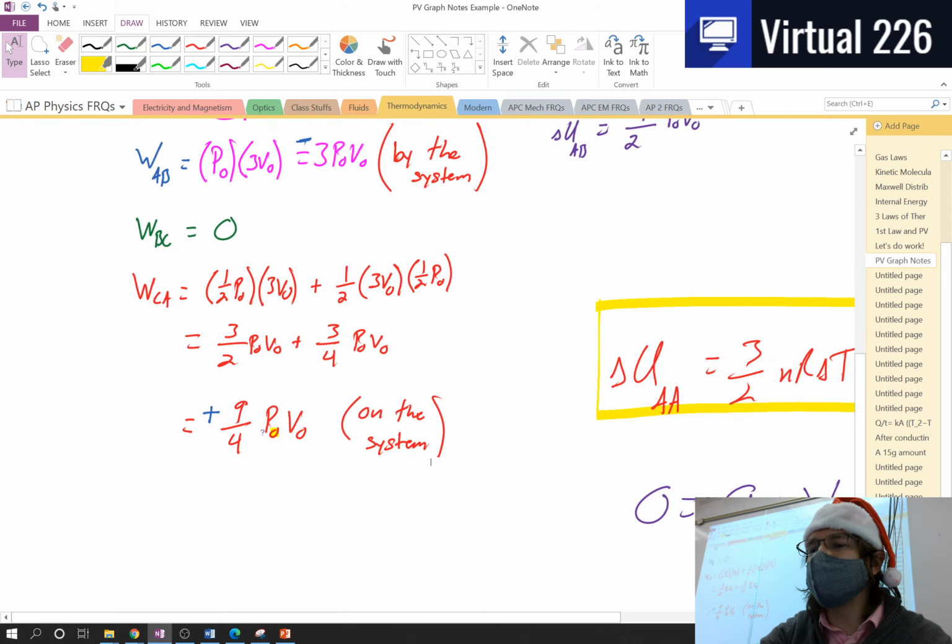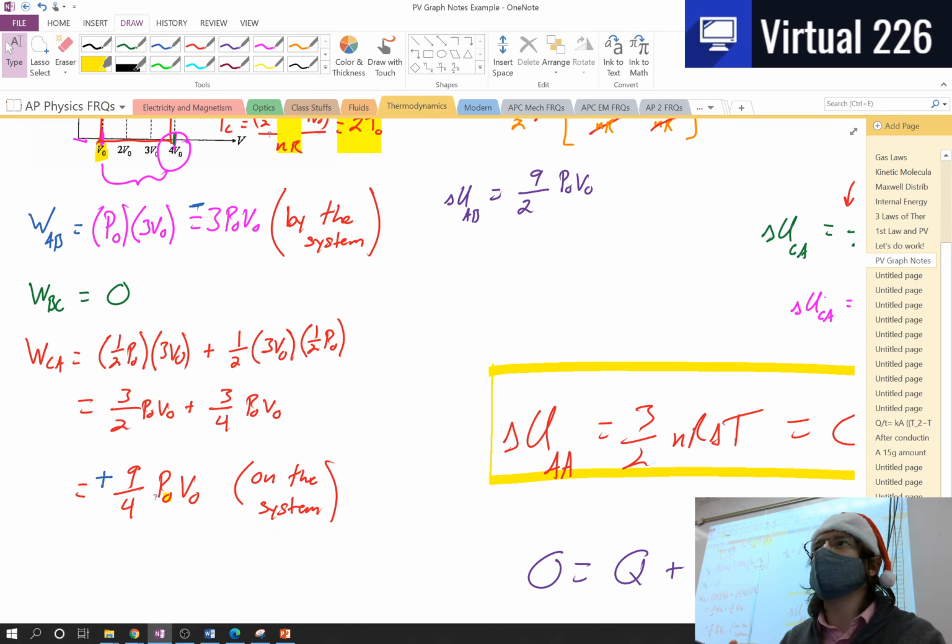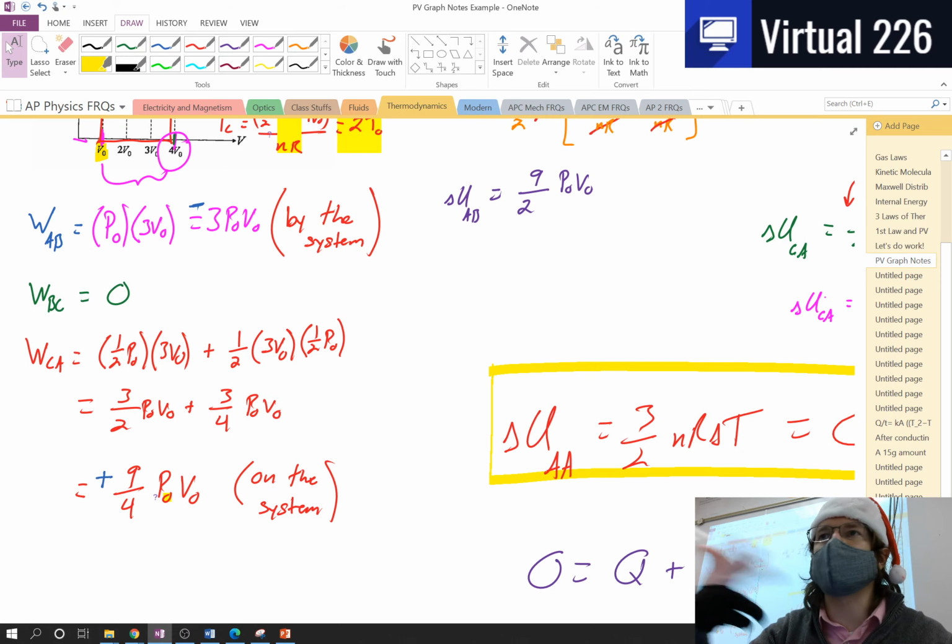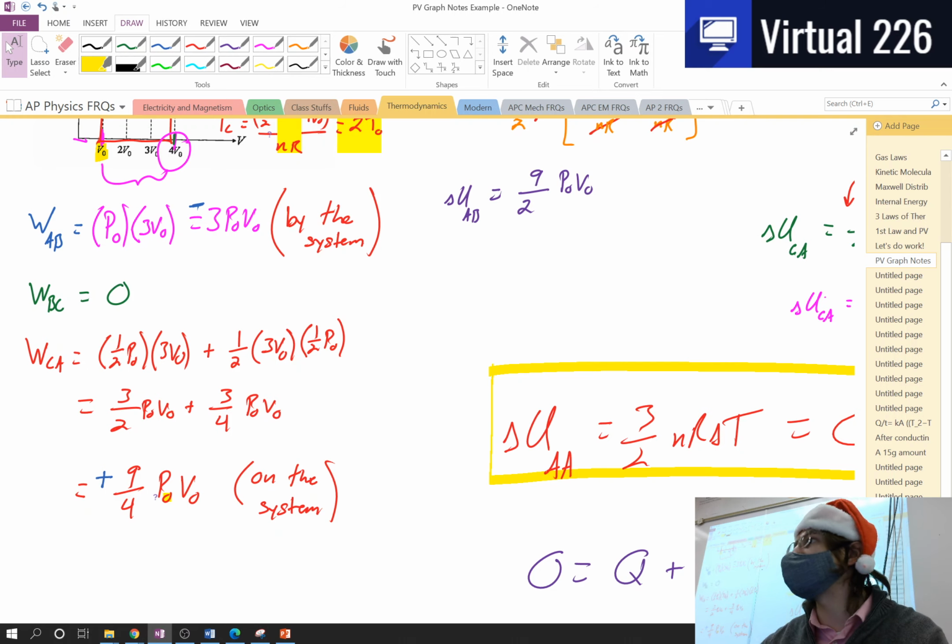These conventions of saying by the system or on the system, they are the exact same no matter which convention for signs that you're using, the Q minus W or our Q plus W. So what I highly encourage you to do if you're taking an AP test or if you're taking a test in college, instead of just putting positive and negatives, put your positive and negatives because we need to make sure our numbers are correct and they're going to pan out later on for our first law.